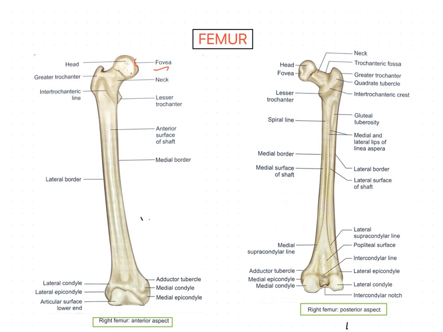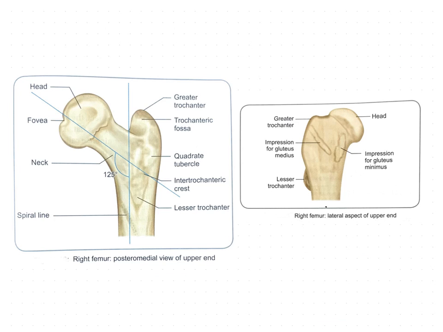This becomes the upper border and this becomes the lower border of the neck. The upper border, which is concave and horizontal, meets the shaft at the greater trochanter. This is the upper end as seen in the posterior medial view.